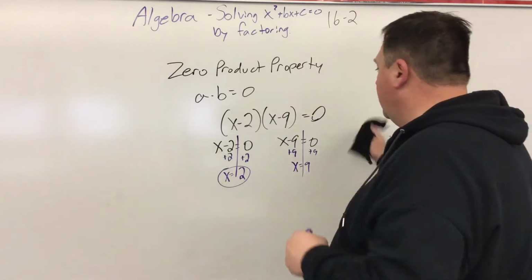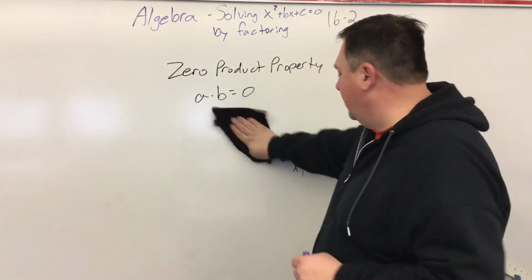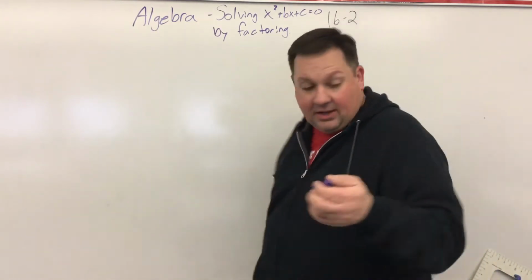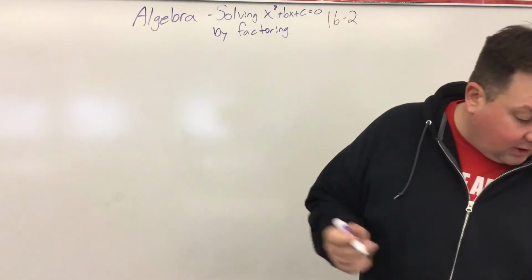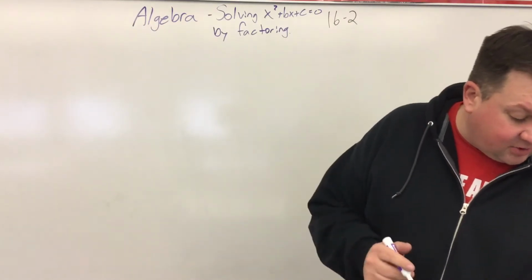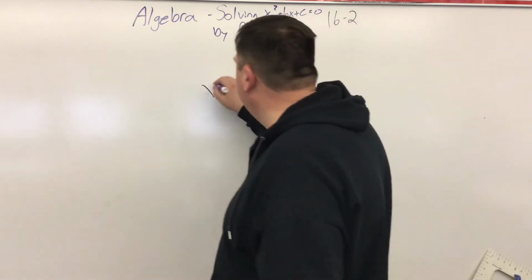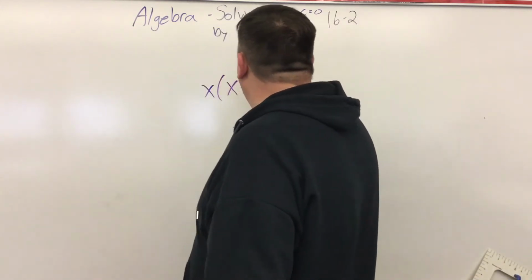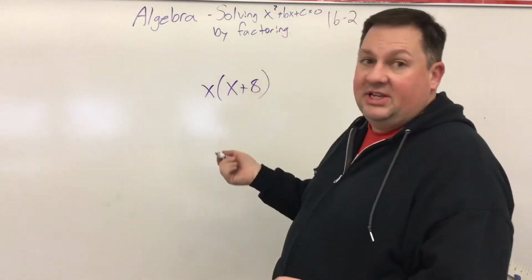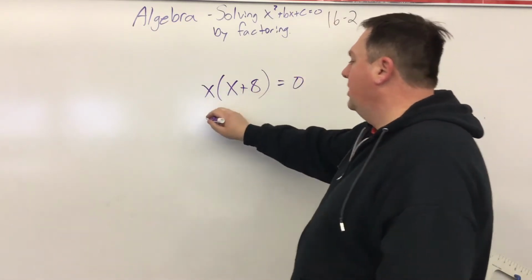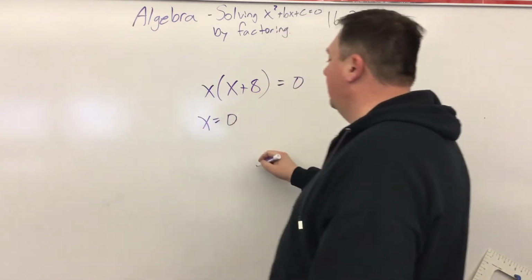As always, you can pause your video, take notes, write some things down, copy down notes. There's going to be one where we actually have to distribute. So if we have x times x plus 8, this one's actually pretty easy because you take your x that you factor out and x equals 0.